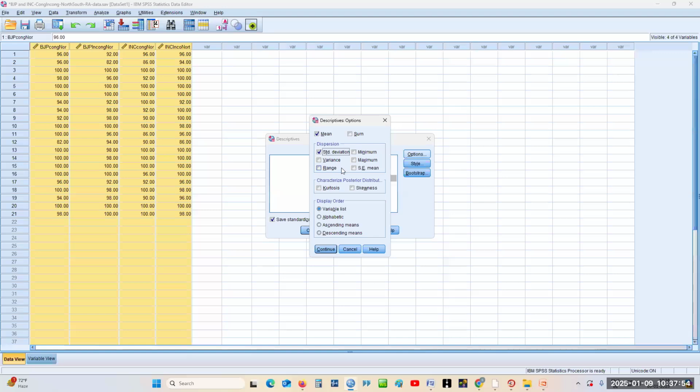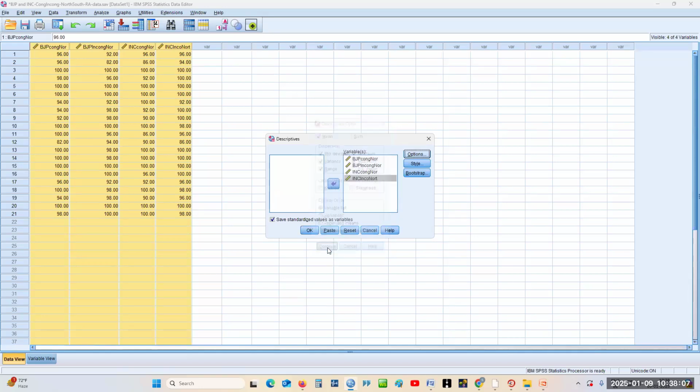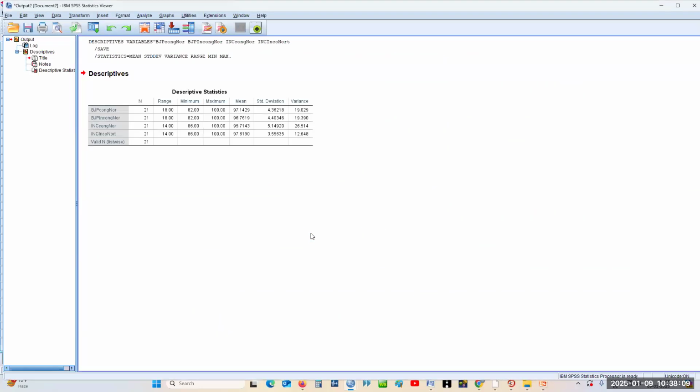I'm just demonstrating the descriptive statistics here. We have standard deviation, variance, range, minimum, maximum, and also the mean. Okay, so now we can continue and see the output.